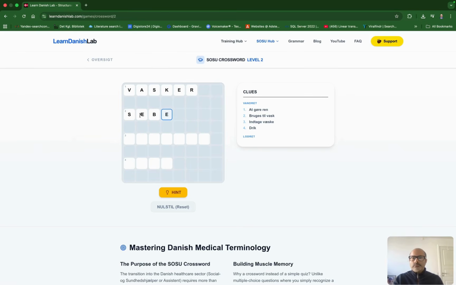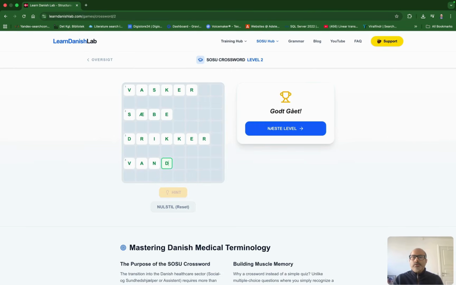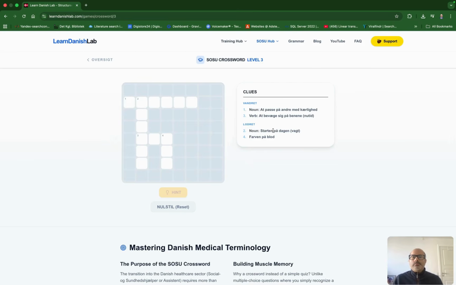Sæbe and vand, and it was vand. If you like to practice more and you want to train your muscle memory, then you can reset that one. And let me go to the number three level.